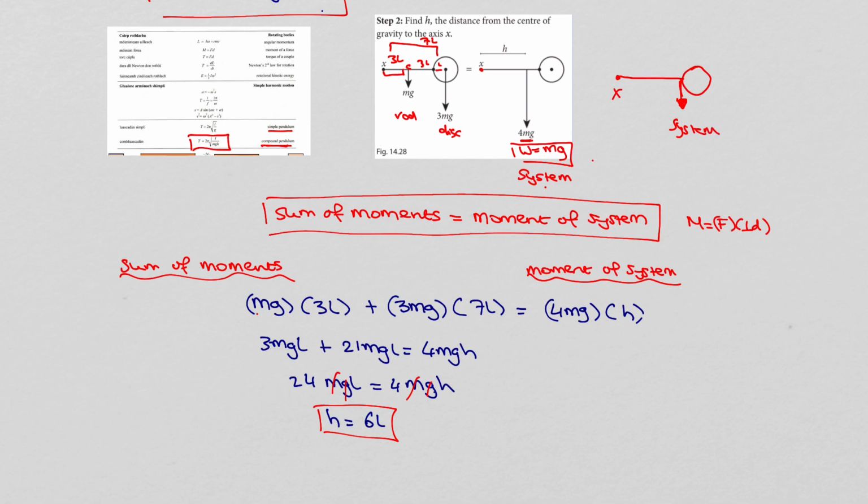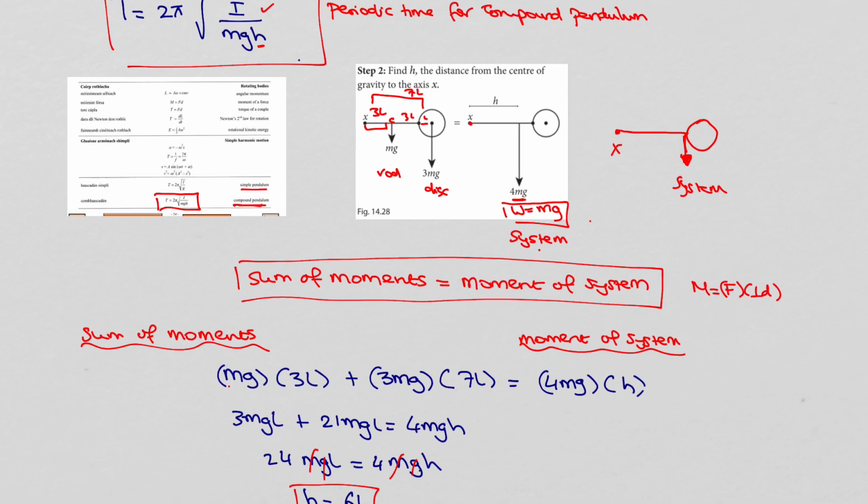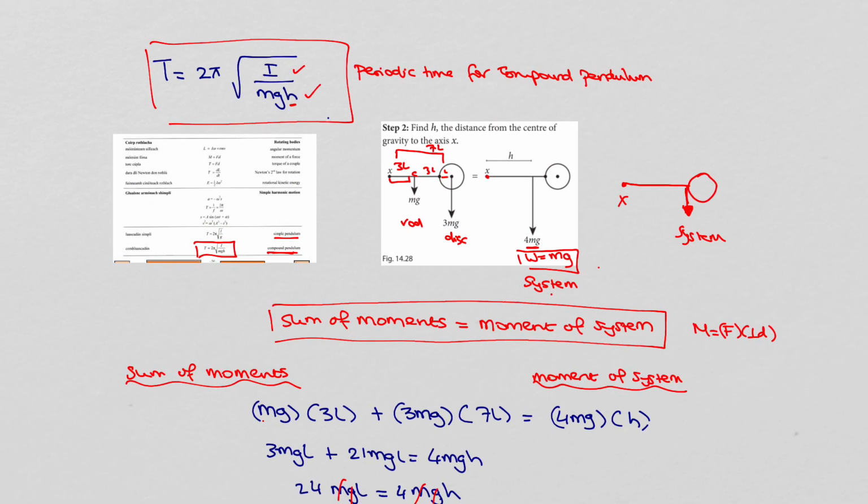Okay, so now we have h and we know I. We can go back to our formula here at the top of the page for the periodic time, and all we have to do now is sub in. So we say T is equal to 2 pi times the square root of I, and we said I was 321 mL squared divided by 2.